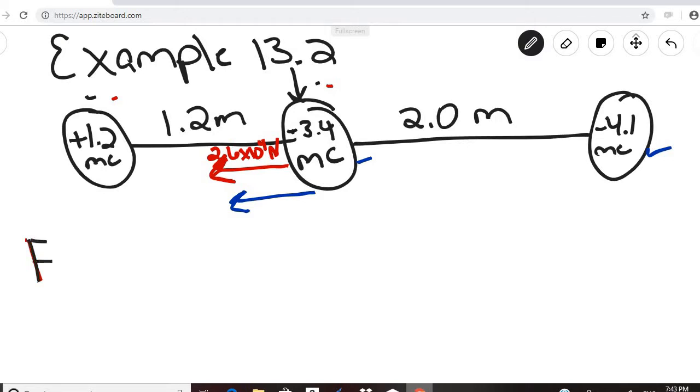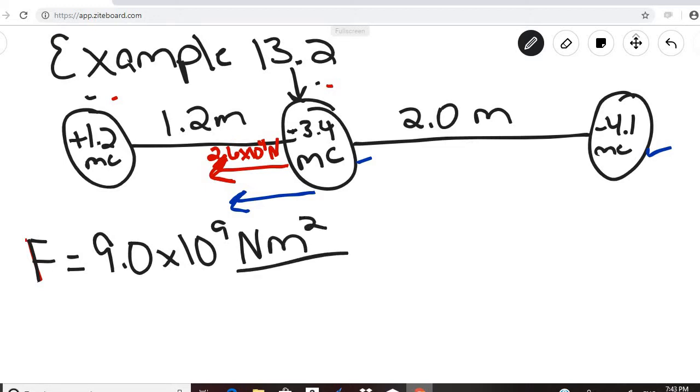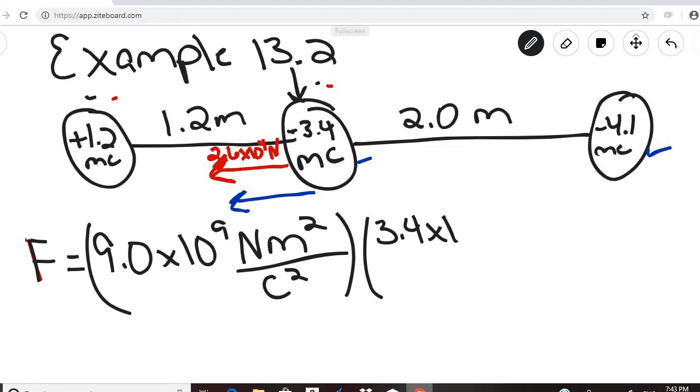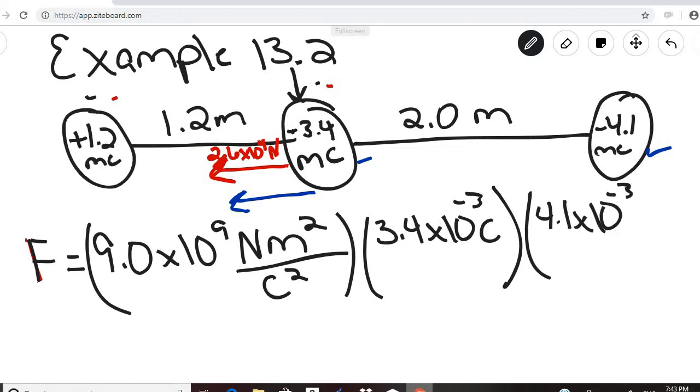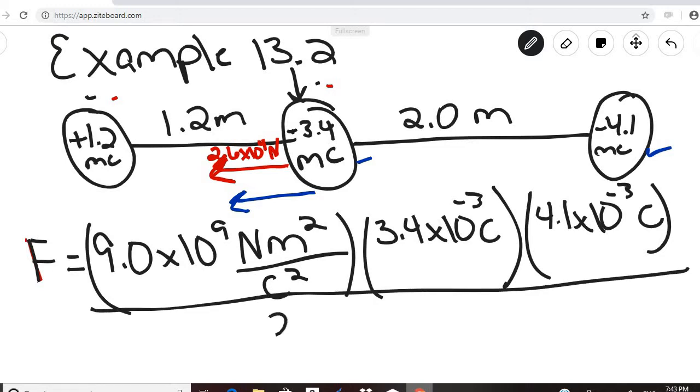F will be equal to 9.0 times 10 to the 9th newton meters squared over coulomb squared, times the two charges, 3.4 times 10 to the negative 3 coulombs, and 4.1 times 10 to the negative 3 coulombs, and then we would divide that by the distance between those two particles, so 2.0 meters and 2.0 meters.